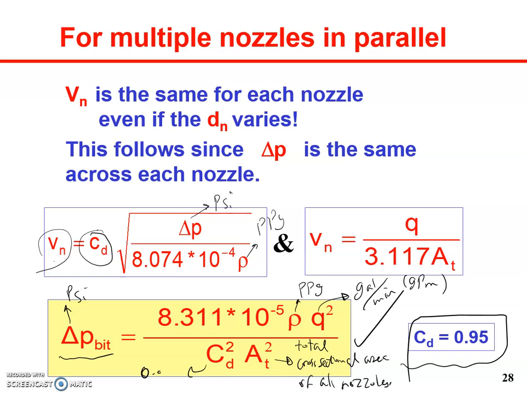CD is the constant 0.95, and this number on the back is the conversion factor. All the units, as I mentioned, in this equation are field units: pounds per gallon, gallons per minute, and inches squared, that's the cross-sectional area that you need to use here in this equation. And that makes your pressure drop to be in psi.